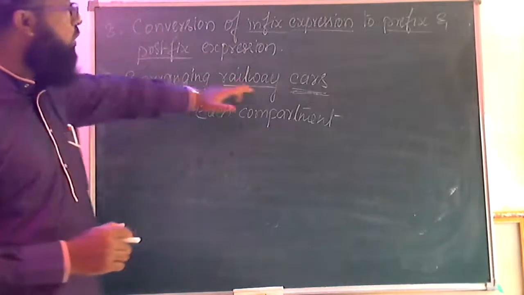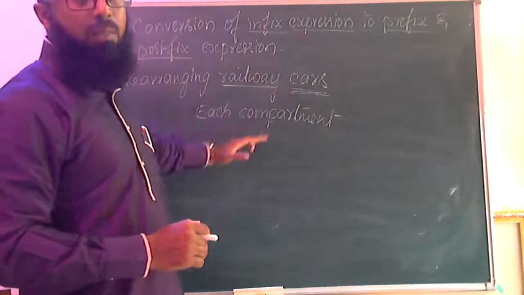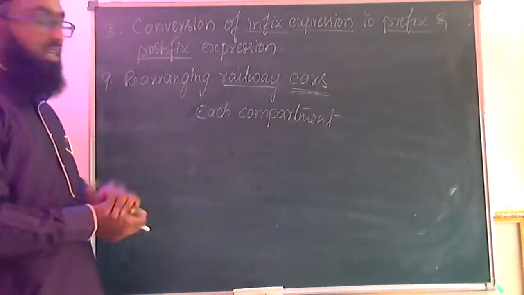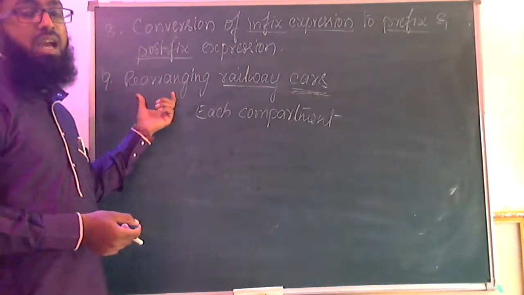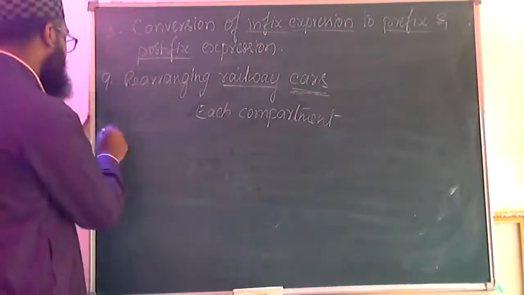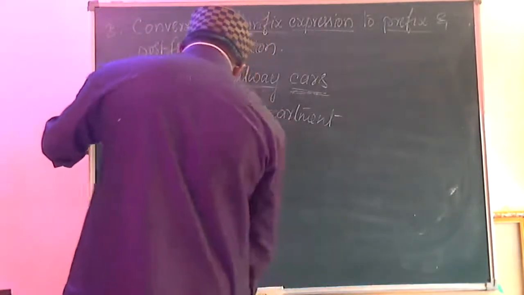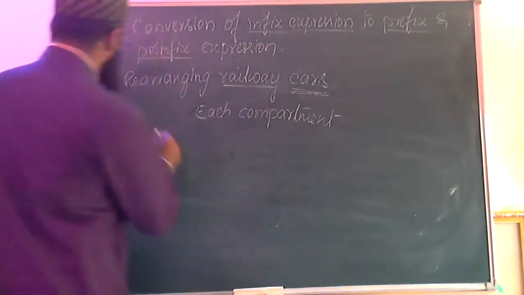For rearranging those railway cars, the bogies or compartments of a train, a stack is used. This is one of the applications of the stack. Come, we shall see the next application, the 10th application of the stack: quick sort.